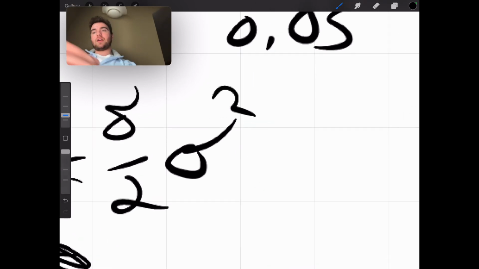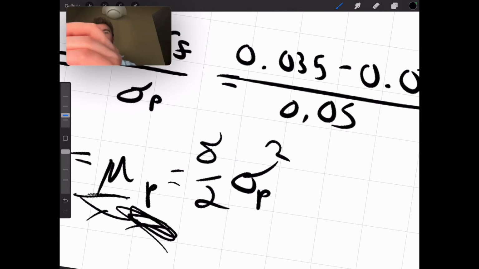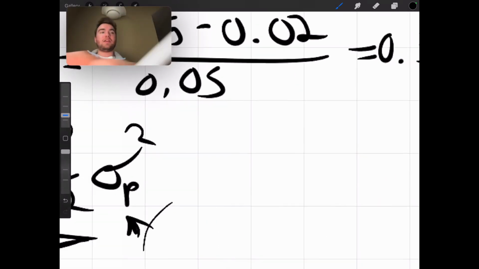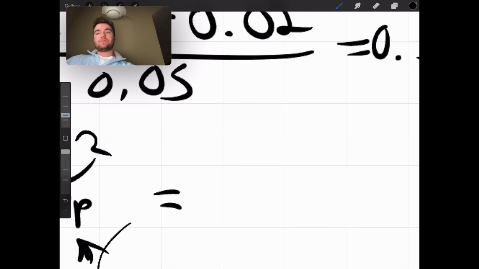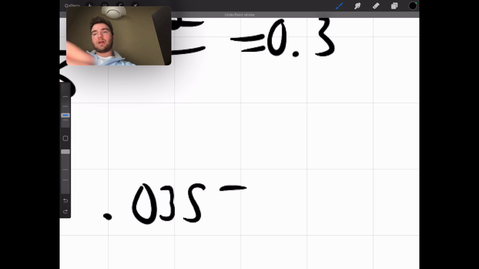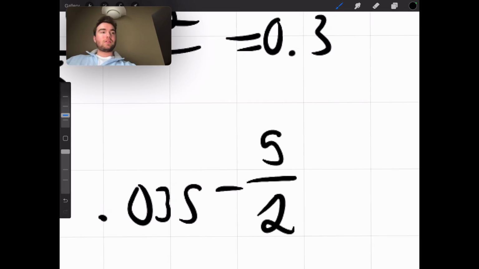This is your quadratic utility, relative risk aversion over 2, relative risk aversion over 2, and then the variance of the portfolio, which gives this right here.